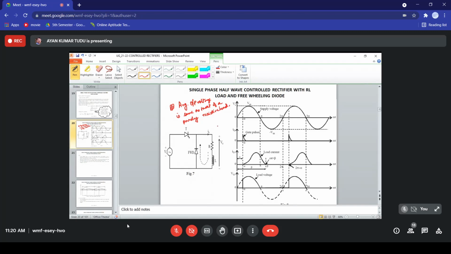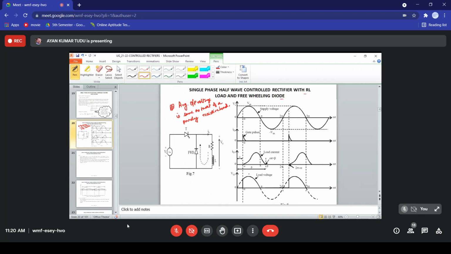Okay, average output voltage is the same as that of a purely resistive load, as you can see here. Okay, average output voltage is the same as that of a purely resistive load, তার জন্য for a single phase half wave control rectifier with RL load and freewheeling diode.